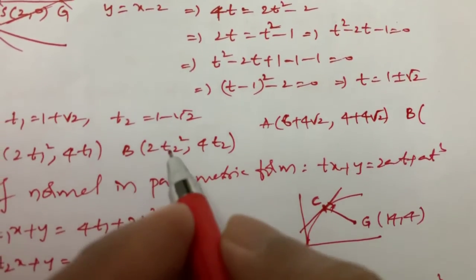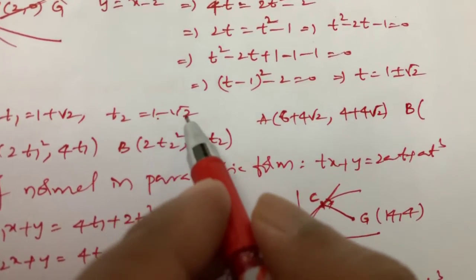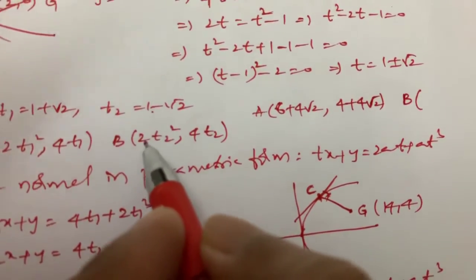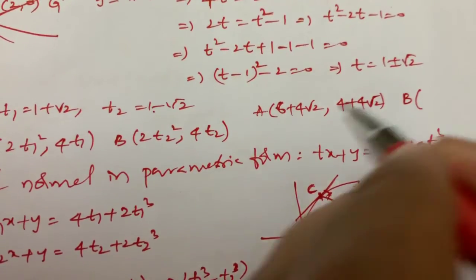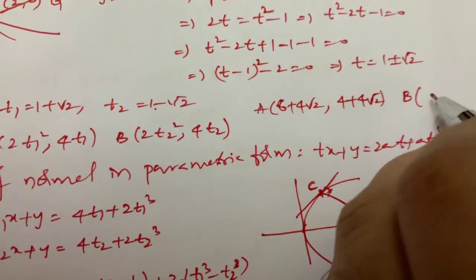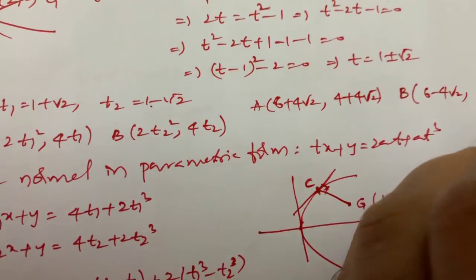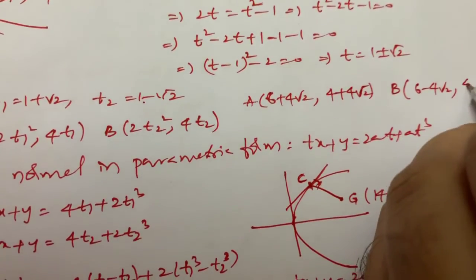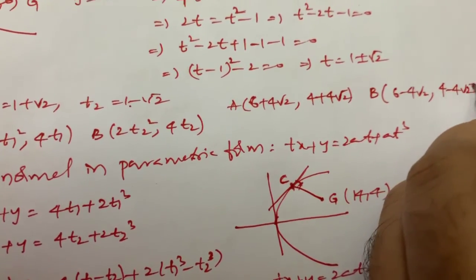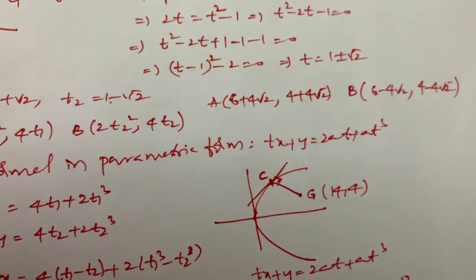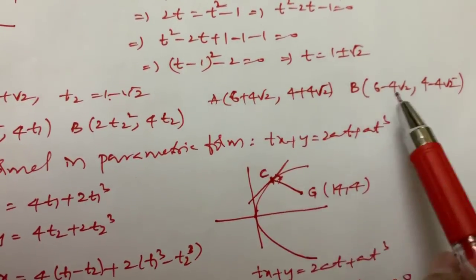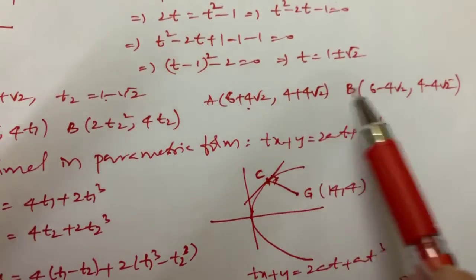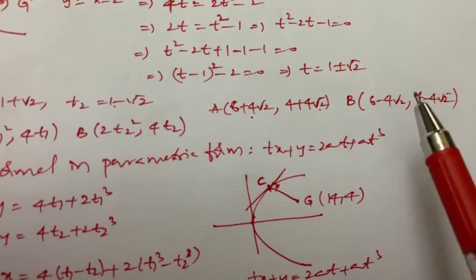Similarly for B, t2 square will be 1 plus 2 minus 2 root 2. So this is 2 into (3 minus 2 root 2), so 6 minus 4 root 2. This is 4 minus 4 root 2. So AB we can calculate directly. AB is nothing but the distance between these two points. So this is the square root of (8 root 2) whole square plus (8 root 2) whole square.